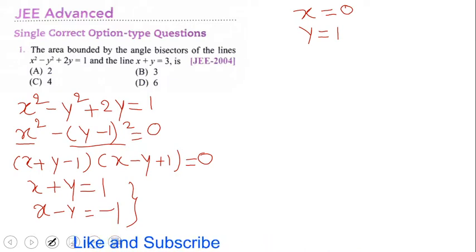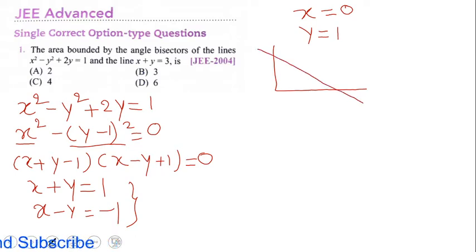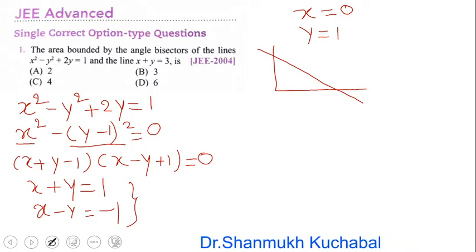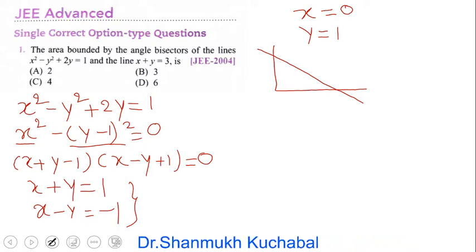Looking at these, we can represent this using a diagram. Here x equal to 0, y equal to 1. We have to put x equal to 0 and calculate the y solution.